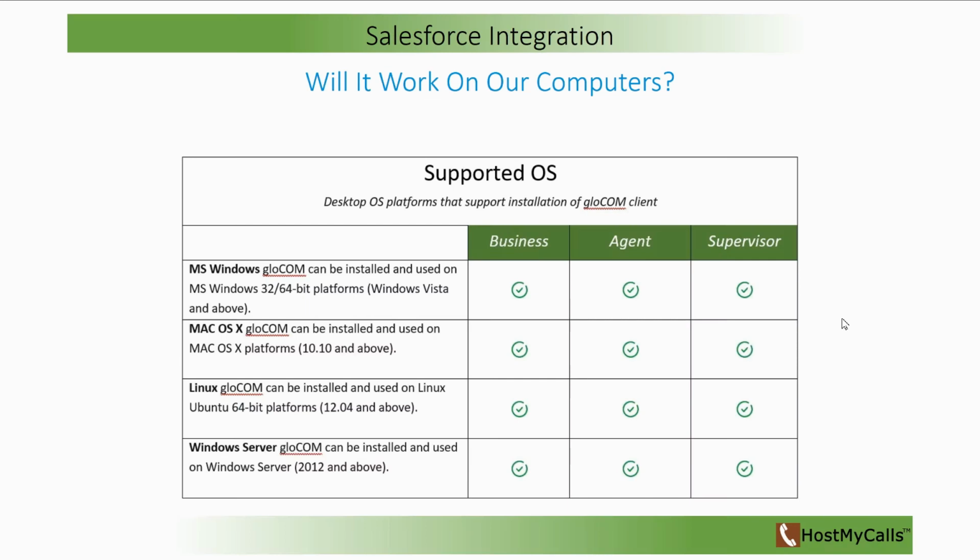The supervisor version of Glowcom also includes all of the capabilities of the business version, but it has many capabilities that are specific to the supervisor of a call center.